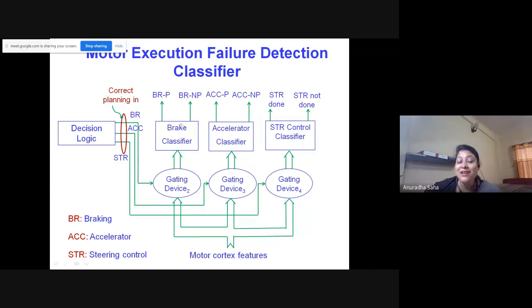This brake classifier, which is nothing but the support vector machine classifier I just showed you in the previous slide, is going to detect whether brake is pressed or not pressed, whether accelerator is pressed or not pressed, whether steering control is done or not done. So based on these classification techniques, using this artificial intelligence method, we can detect whether the driver is experiencing any kind of cognitive failure or not.